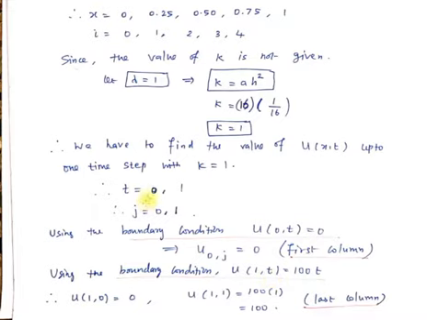Here t equal to 0, so putting t equal to 0 we get 100 into 0 is 0, so u(1, 0) equal to 0. Then t equal to 1, since t values are 0 and 1, so 100 into 1 is 100. So u(1, 1) is 100. It is the last column.